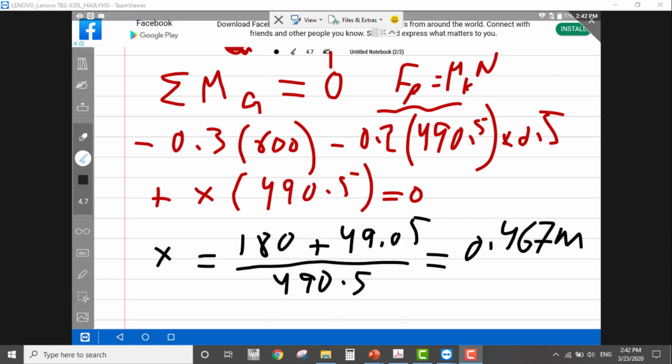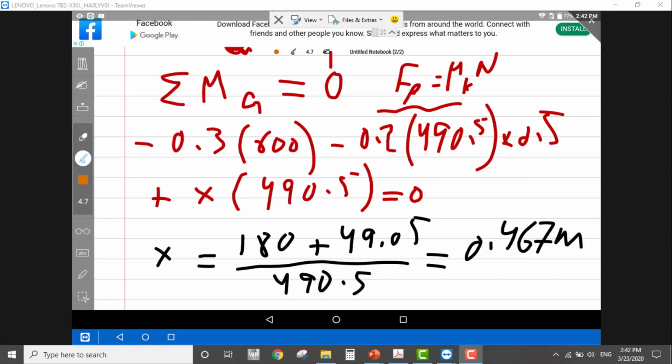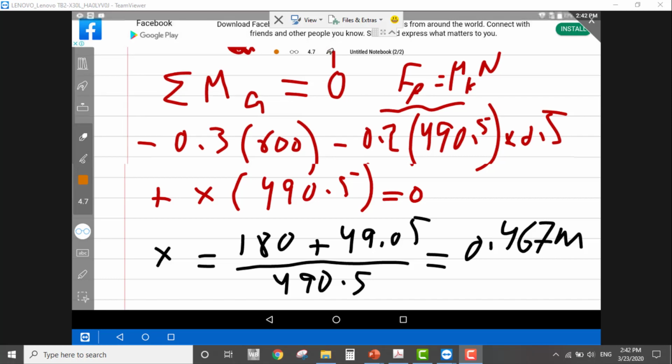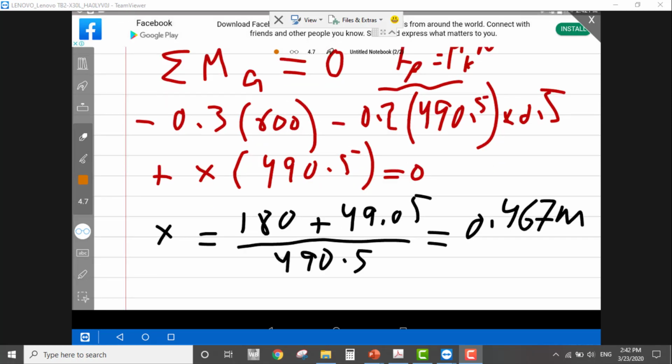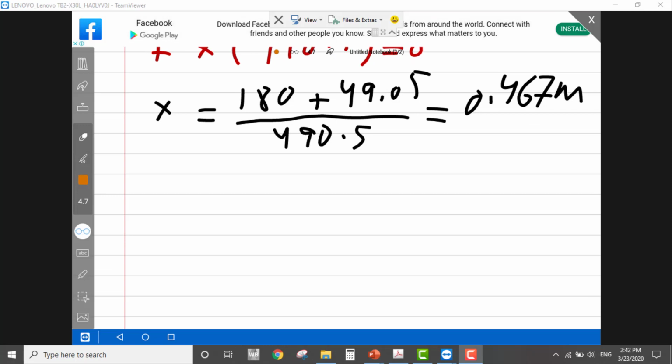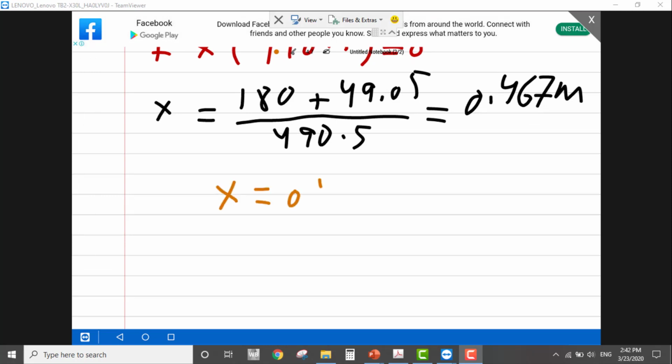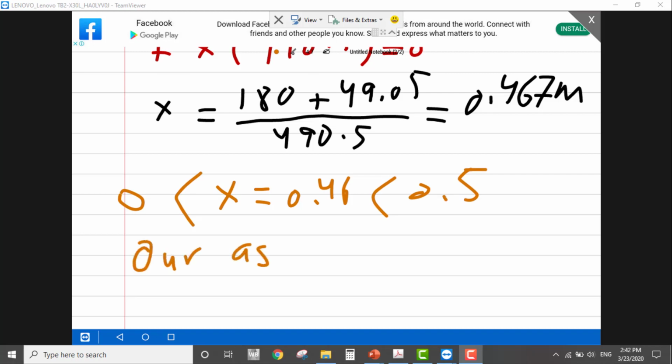And now we can say that our assumption that the crate will translate is correct. Why? Because x, which is equal to 0.46, is greater than 0 and less than 0.5. Then our assumption is correct.